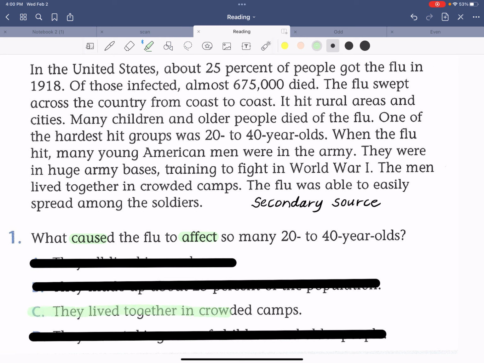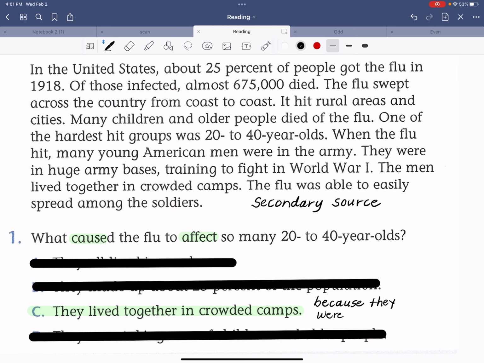You could even go a step further and ask yourself, why did these people live together in these camps? It was because, and there's another cause-effect word, because people in this age range were training to be soldiers.